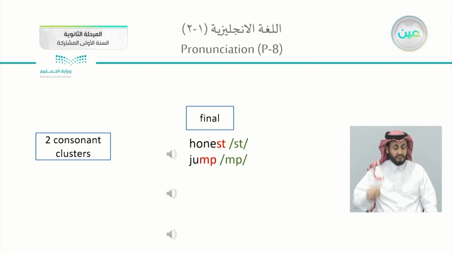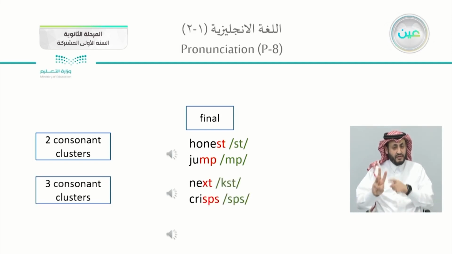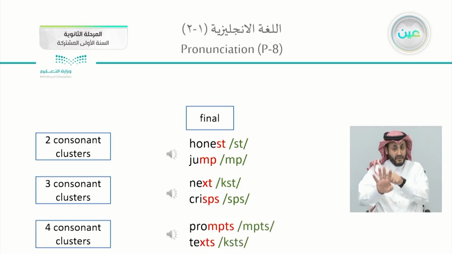Or we have three consonant clusters, like next, with K, S, and T, and crisps, with S, P, and S sounds. Let's listen to them. Next. Crisps. How about if we have four consonants, like prompts and texts?